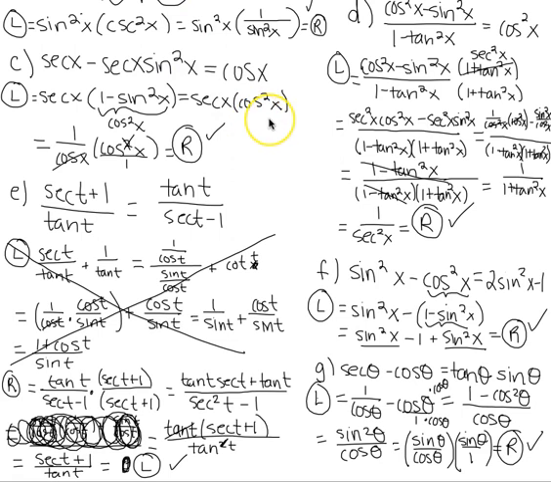So we are spending 2 days on this, but there aren't additional notes. This is it. I just want you to have ample time to give good attempts on these. You're going to need to spend a lot of time on these problems. So it says on your schedule 2 days for verifying trig identities.